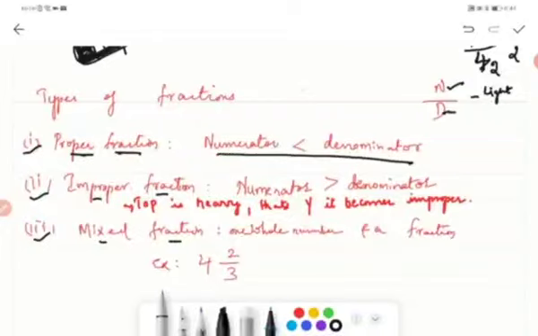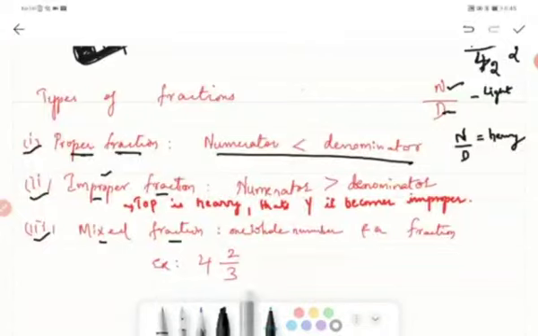The opposite of this will be your improper fraction. Okay, so numerator, that is top, will become heavy. You can remember like this: when the numerator becomes heavy, then it becomes an improper fraction.